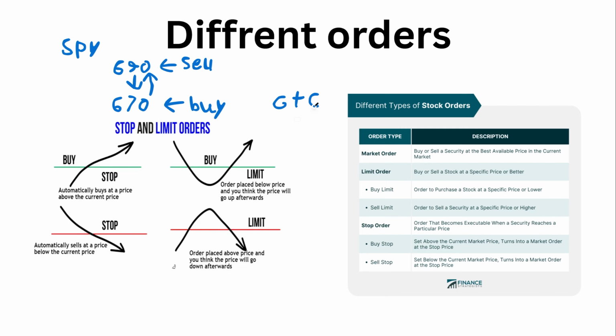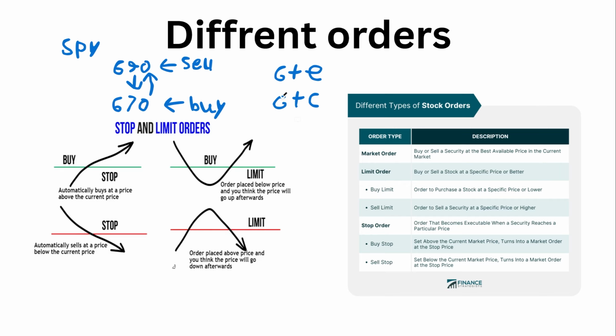So it pretty much means this limit order will not cancel, and it will not expire until you actually cancel it yourself. Now with some brokers, none of the ones listed have any extra fees for a good till cancel. But most of these will have a GTE, a good till expiry.